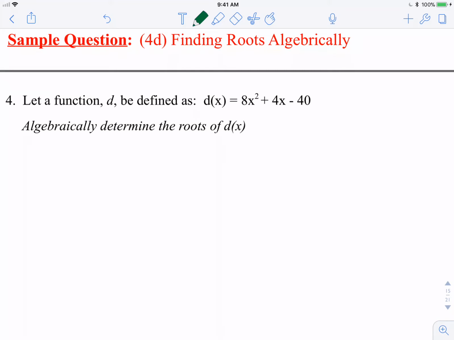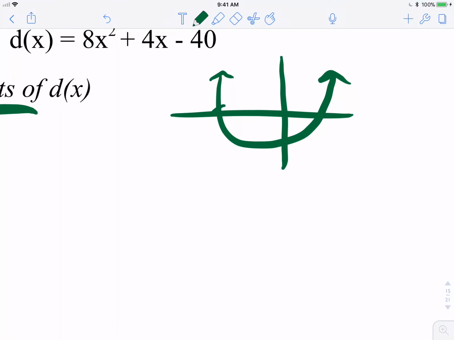All right, so first of all, you really have to understand what roots are here, because if you don't know what it's asking when it says determine the roots, you're really not going to know the first step, which unfortunately is going to lead you down the wrong path. So roots are where the graph, if we want to think about this visually, hits the x-axis. This isn't saying that this is what d of x looks like.